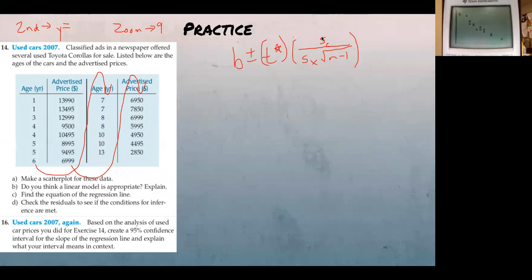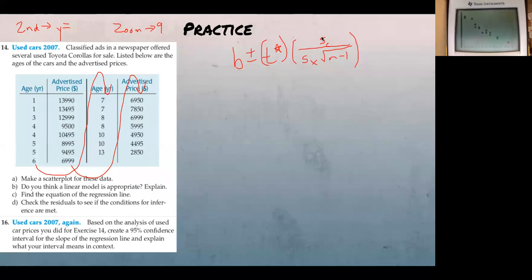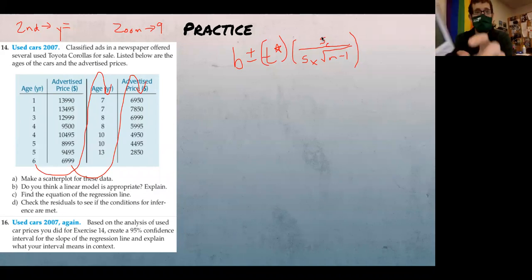And the question is, is it appropriate to continue? We need to know, first of all, if it's random, if it's a small sample size, and if the selections are independent. I think we could argue that. The things we need to consider now is, do we have equal variance and do we have a linear form?